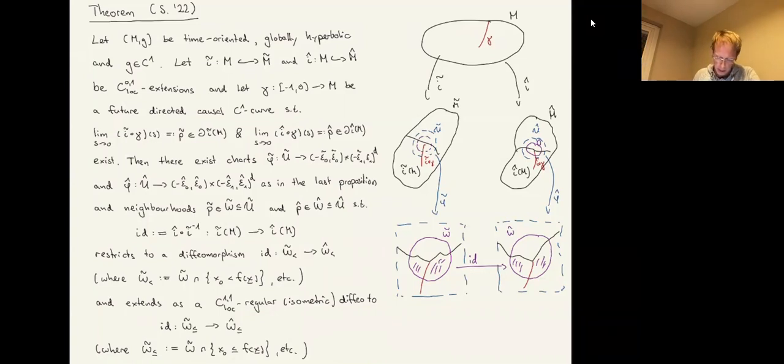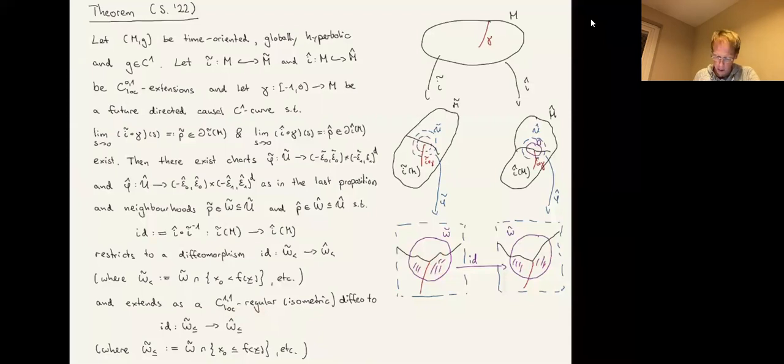So exactly what we're showing is that this identification map from the region below the graph to this region below the graph extends as a C1,1 log regular diffeomorphism to omega tilde, which maps omega tilde into omega hat.